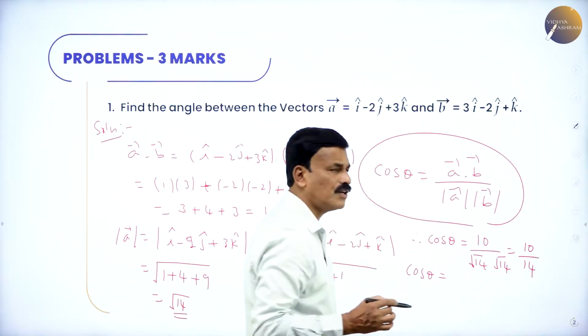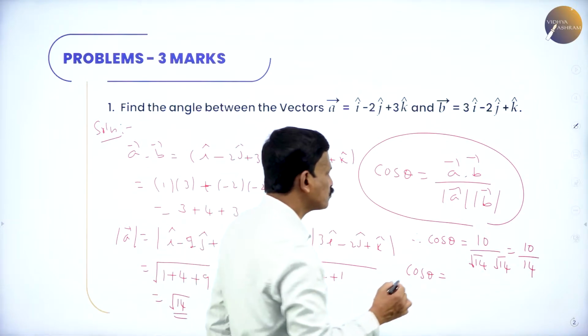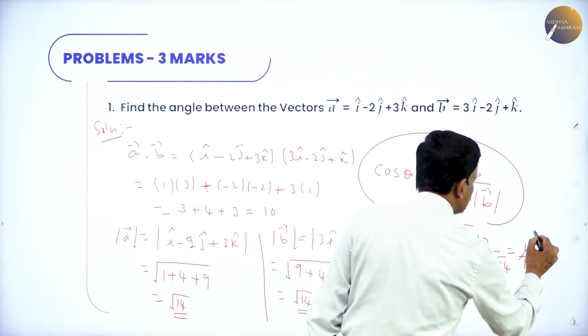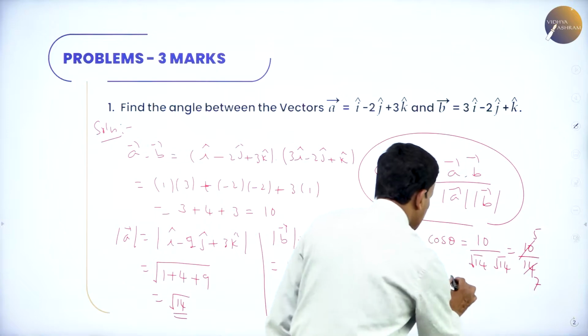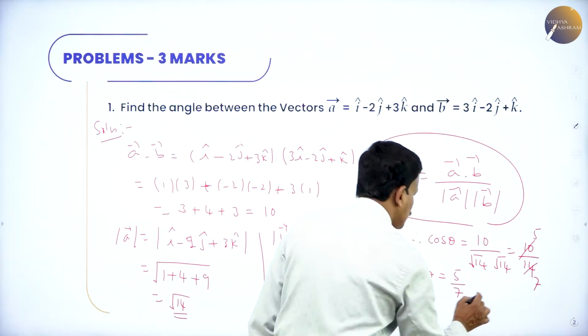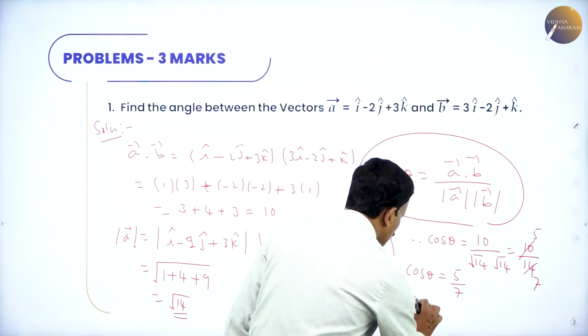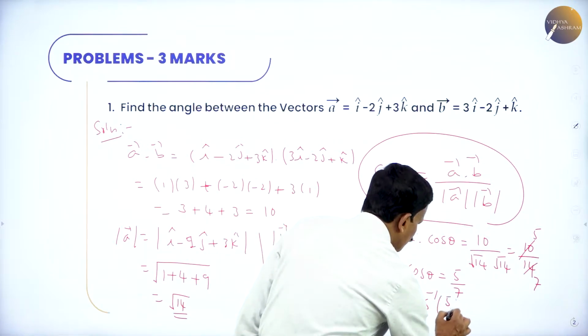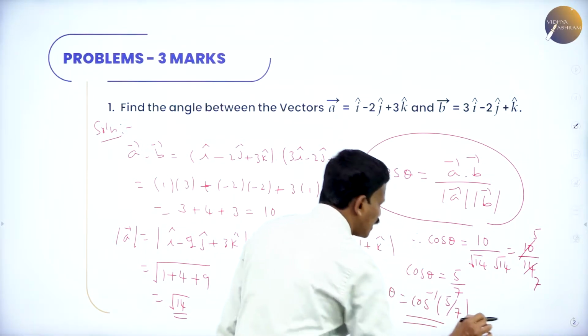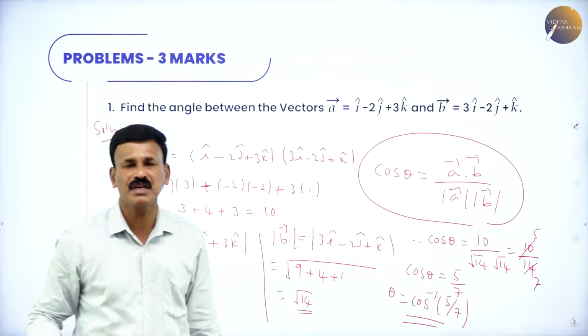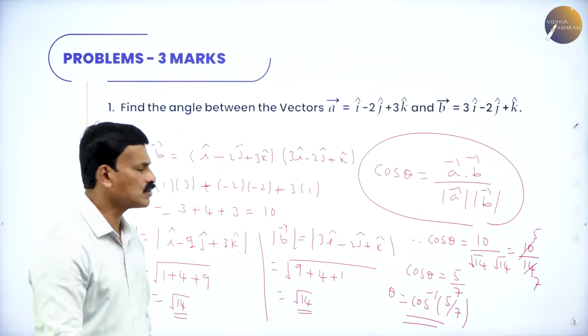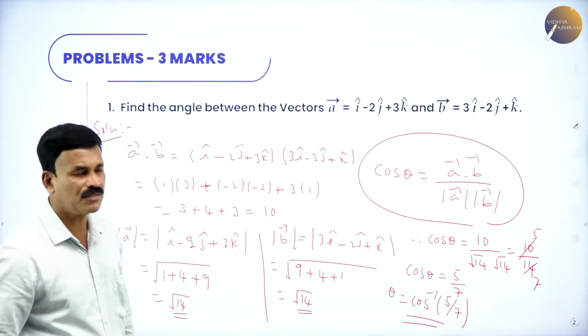If you want you can divide it: 2 5s are 10, 2 7s are 14. So this can also be written as 5 by 7. Therefore theta is equal to cos inverse of 5 by 7 is the angle of intersection between the given vectors.